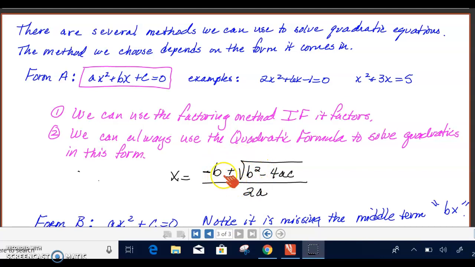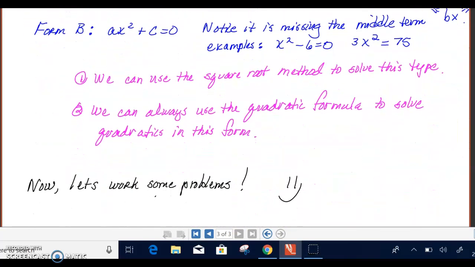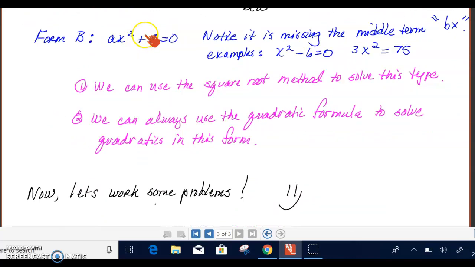So suppose it's not in the ax squared plus bx plus c format. Suppose it's in this format, where it's missing the middle term, the bx term. If it's missing the bx term, like in this case, I just have ax squared plus c, then we can use the square root method to solve this type of quadratic.